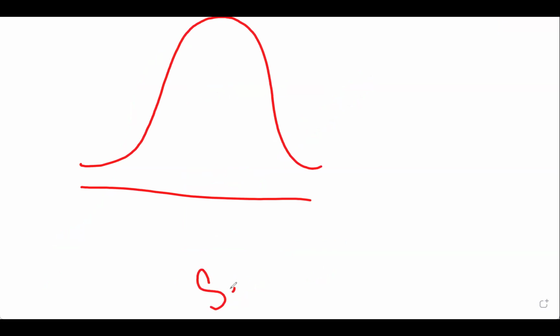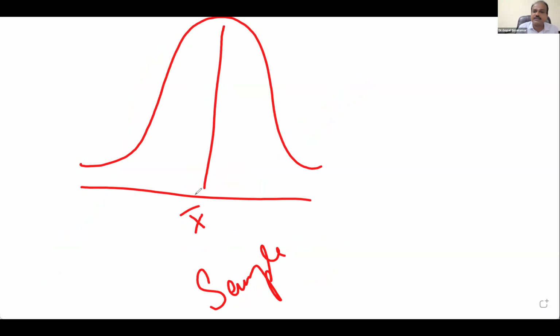Very good. The difference between population and the sample is, here at the center, we will only have sample average. But what is your requirement now? With the help of the average, with the help of the X bar, you should be able to find out the mu. Yes or no?